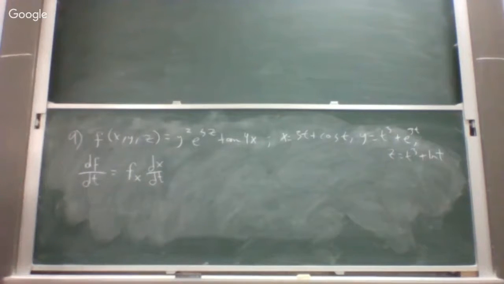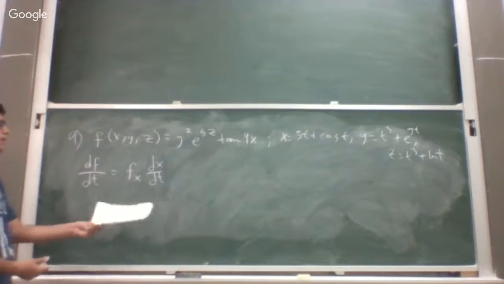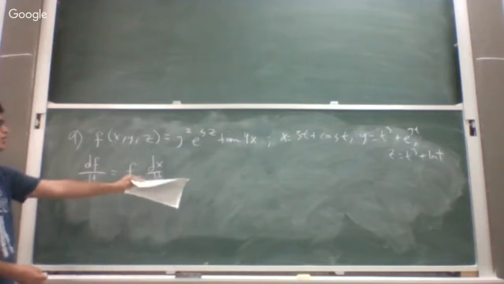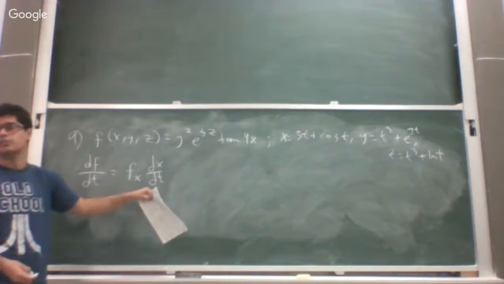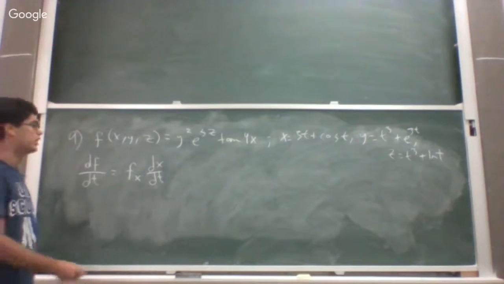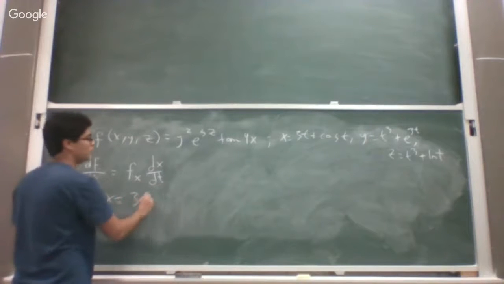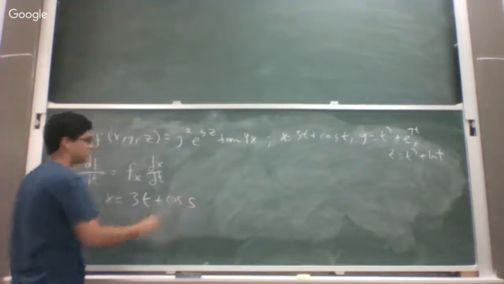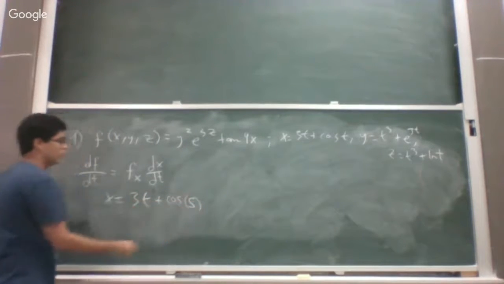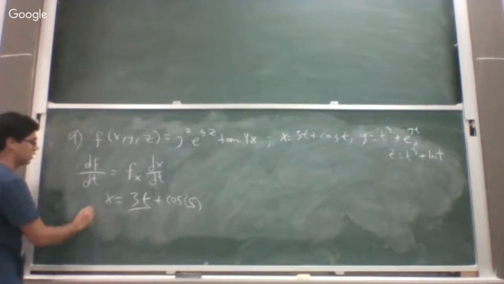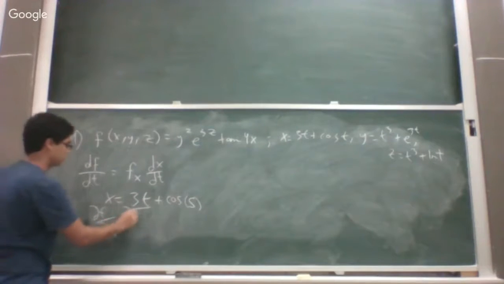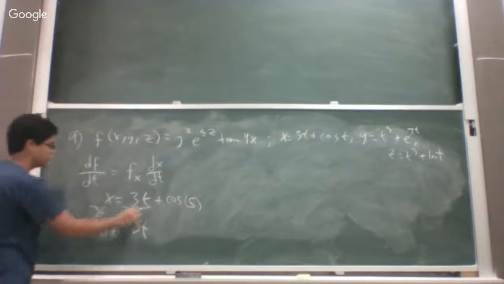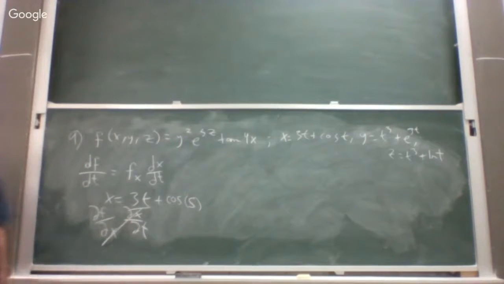If x was a function of, say, time and s, then we just take it in terms of time. So say x was equal to 3t plus cosine of s. We only care about t, because what we want is the derivative of f with respect to x times the derivative of x with respect to t, so that in the end we get df dt.